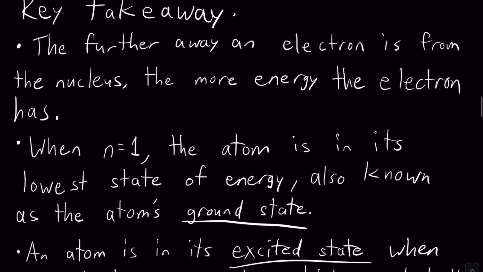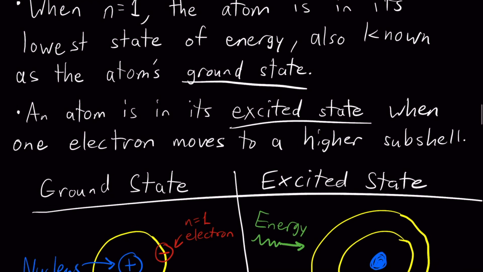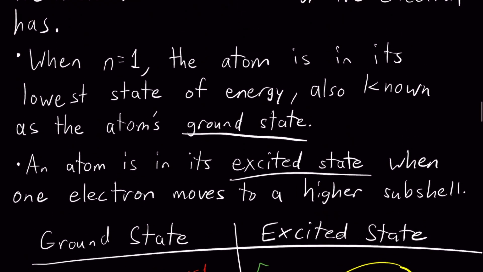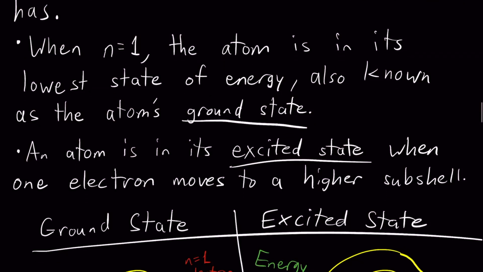So the key takeaway here is that the further away an electron is from the nucleus, the more energy the electron has. So we have orbitals. When the electron is in the farthest away orbital, the electron has more energy. So what does that mean?